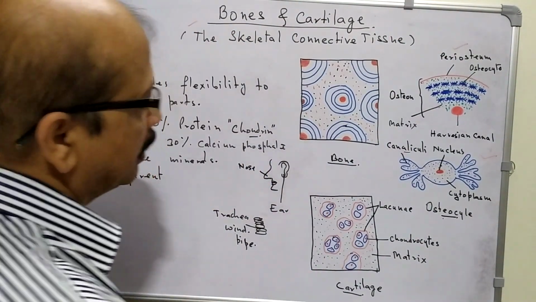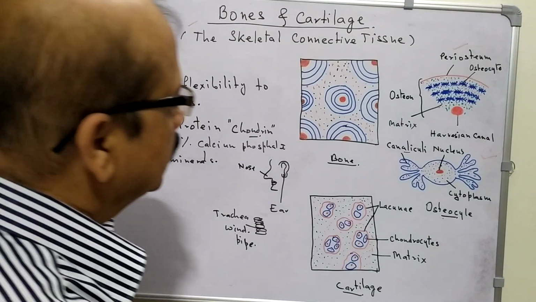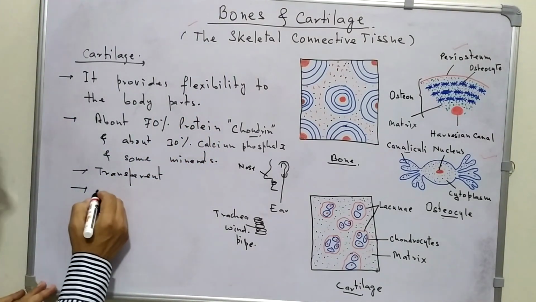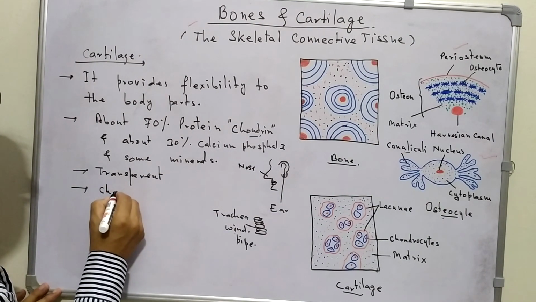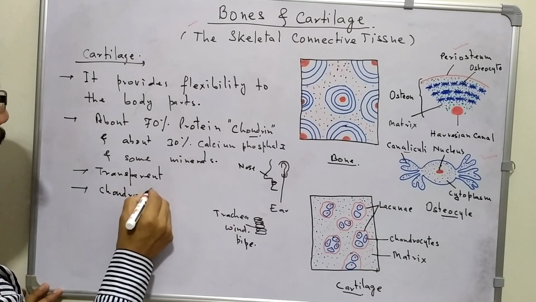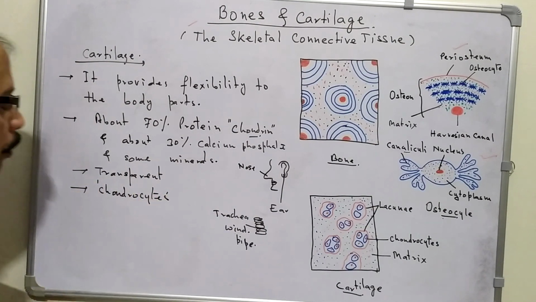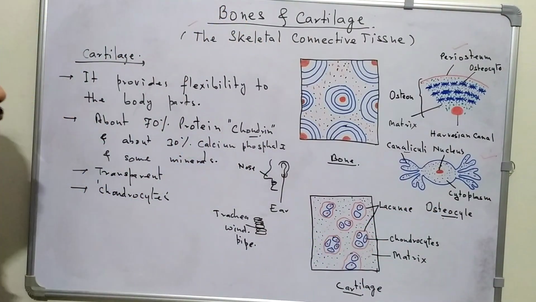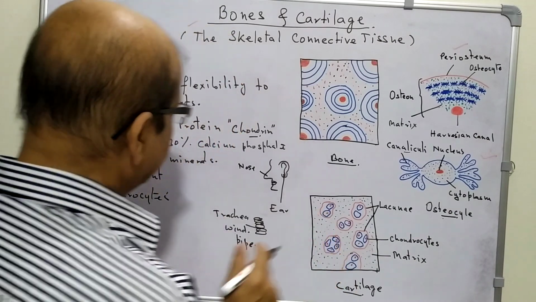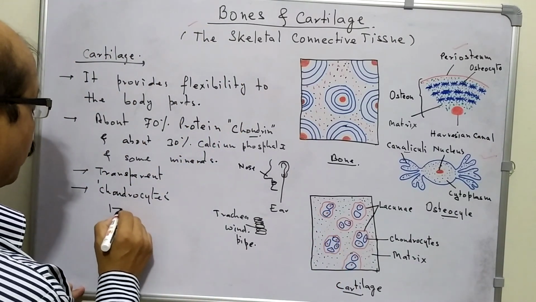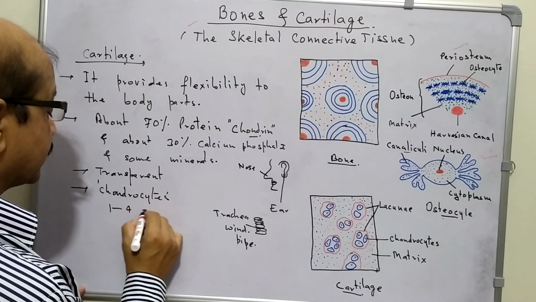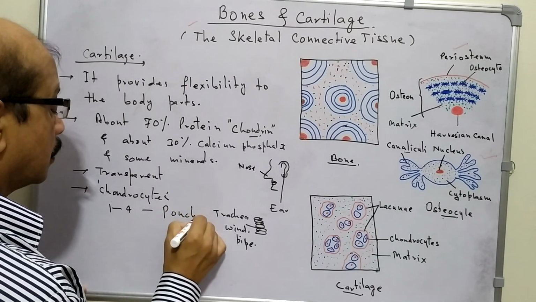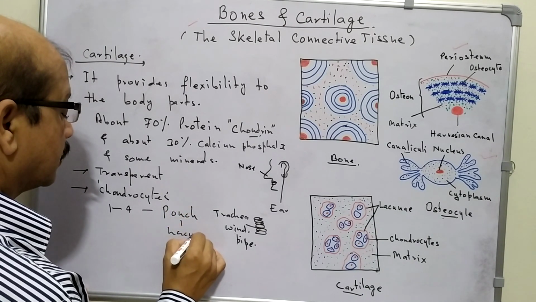Now the structure of cartilage. The cartilage cells are called chondrocytes. As the bone cells are osteocytes, these are chondrocytes. These chondrocytes are present in groups of 1 to 4 in a pouch-like structure called lacunae.